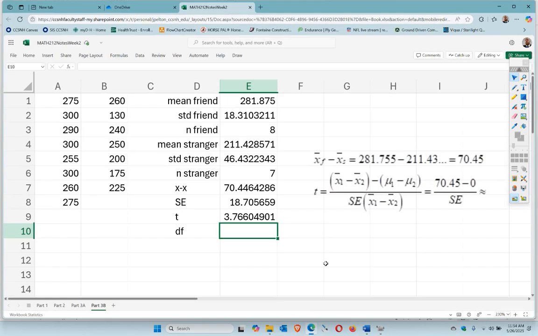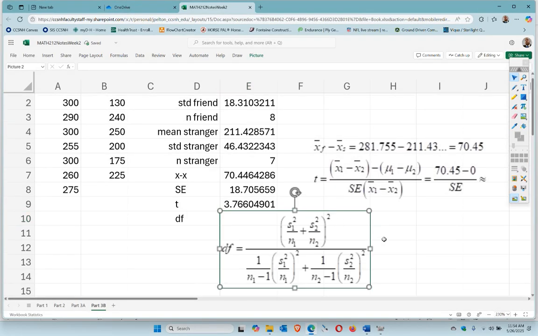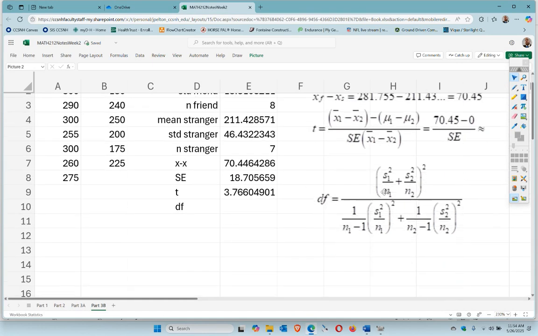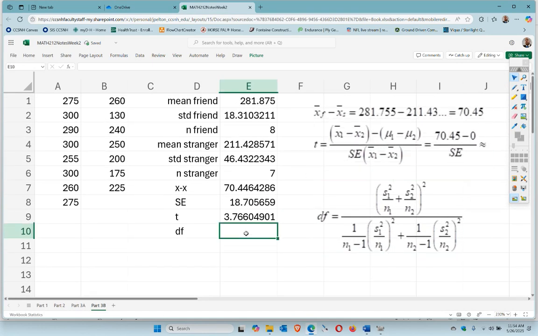So I'm going to put that in the spreadsheet. Okay, that's right there, right? Move that up, move that up. Okay, so the numerator has 2 fractions. So standard deviation squared divided by n, right?